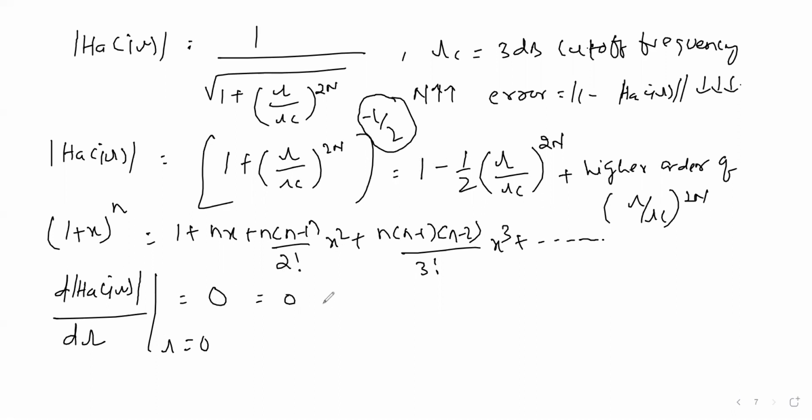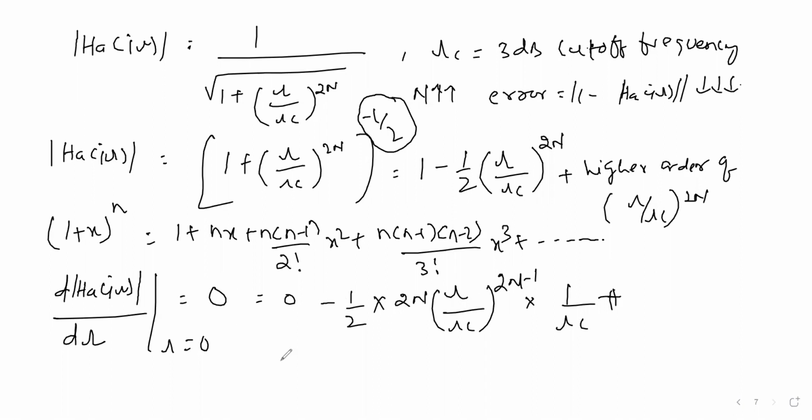First part becomes 0, minus 1 by 2, then it is 2n (omega by omega c) to the power 2n minus 1 multiplied by 1 by omega c. Plus the same thing will happen. So everywhere we get this omega portion. So when omega equals 0, finally 0, minus this is also 0. Again you will get all zeros. So finally we get 0.